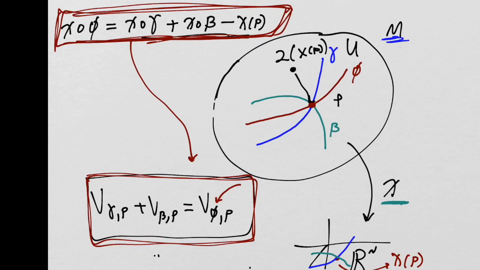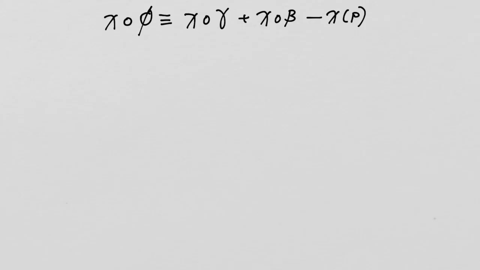All right, so we begin with our proposed definition of this so-called sum curve, the curve whose directional derivative is going to equal the sum of the directional derivatives. Like this. This is the idea. So now let's insert the definition of the directional derivative that we're going to use right here.